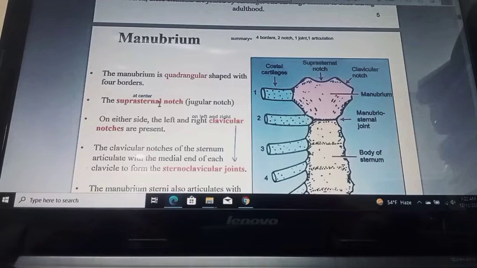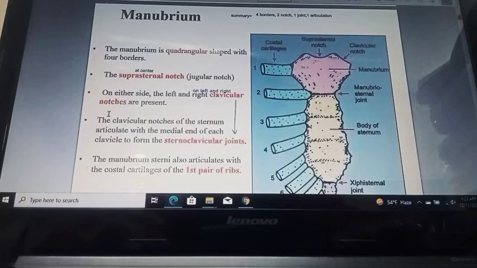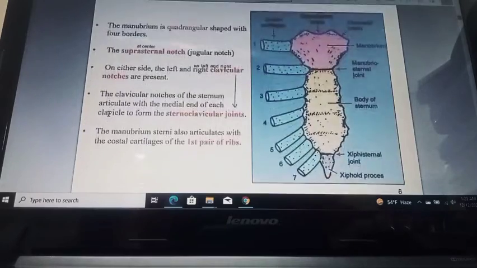It has two notches. One notch is called the suprasternal notch and the other notch is called the clavicular notch. First we will look at the suprasternal notch. It's also known as the jugular notch, and its location is at the central body.